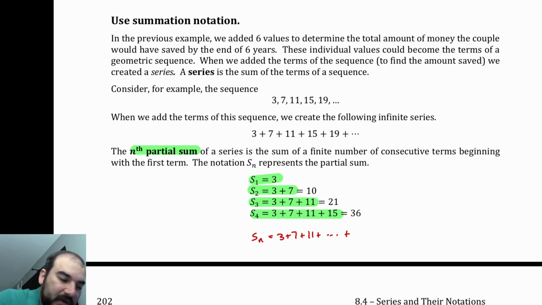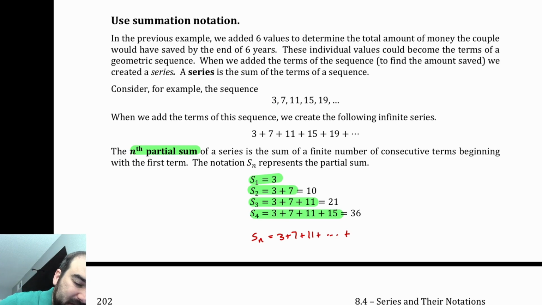Now, we need to know what the explicit formula is to be able to write this last term that we're adding in this series. So looking at this sequence, we notice that the terms are increasing by 4 every time, right? We're adding 4 every time, which means this is an arithmetic sequence.